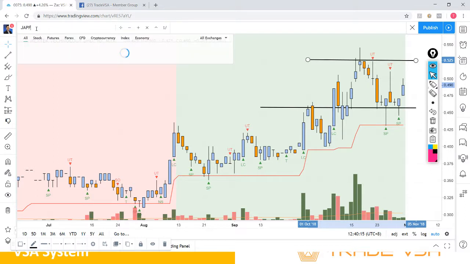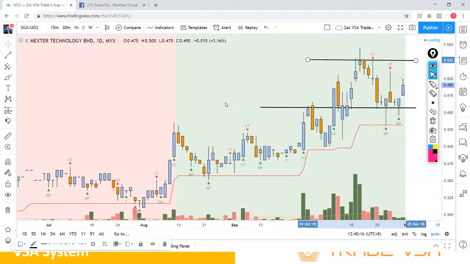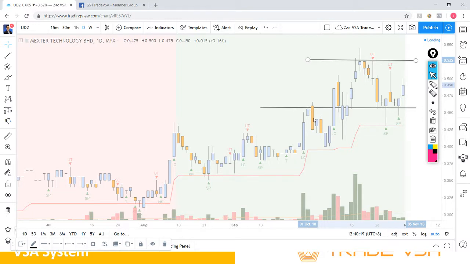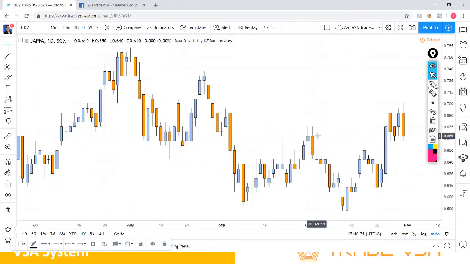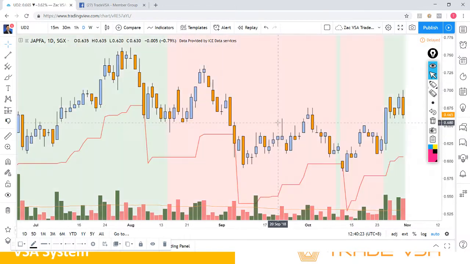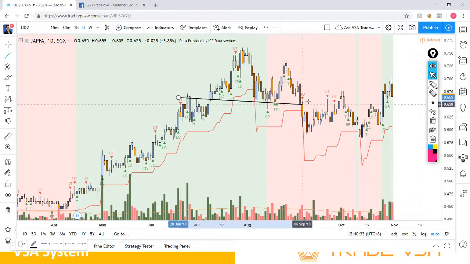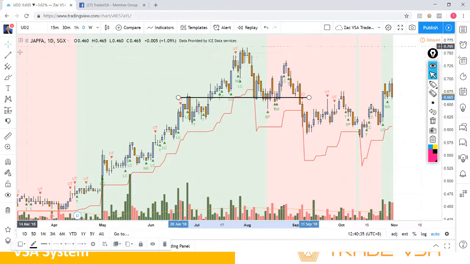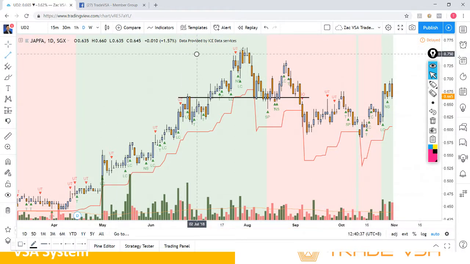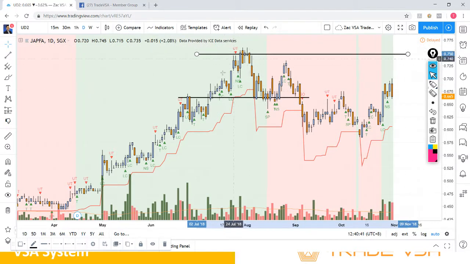The next one, Jaffa from SGX. What I like about Jaffa is that this is the previous reaccumulation level, am I right?